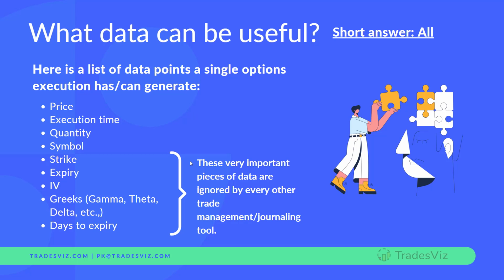Most trading journals look at price, execution time, quantity, symbol, and so on, but they completely ignore the options attributes. There isn't a single journal to our knowledge at the moment which handles options Greeks and options attributes such as strikes, days to expiry, and so on, and provides insights based on them.